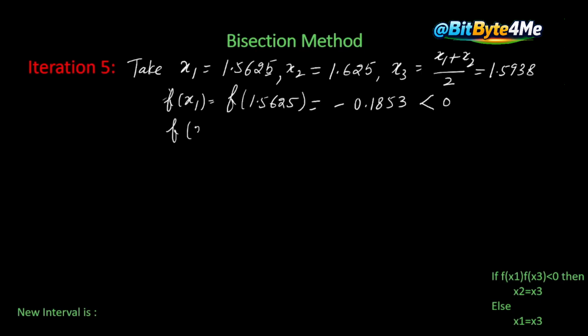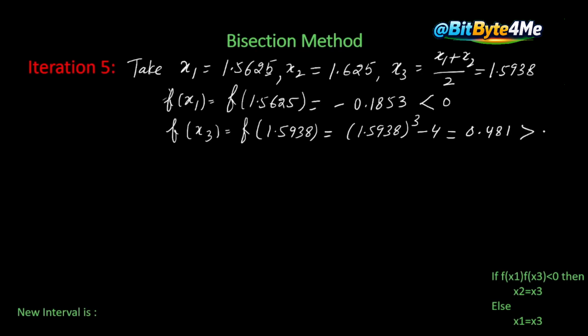F of x3 is equal to f of 1.5938, which we have to calculate by the equation 1.5938 cube minus 4, and if you calculate this, it will be equal to 0.481, which is greater than 0.